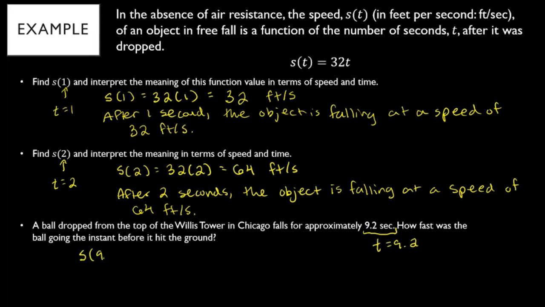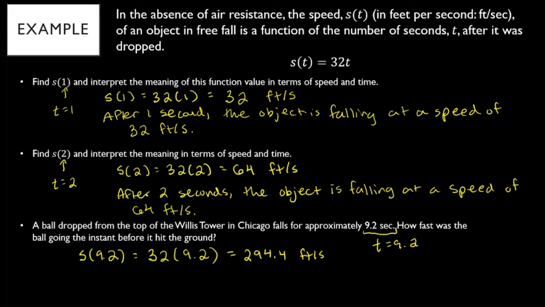So s of 9.2 is equal to 32 times 9.2. And so now I'm going to grab my calculator to multiply that out. I get 294.4 feet per second. So the ball was going 294.4 feet per second right before it hit the ground.